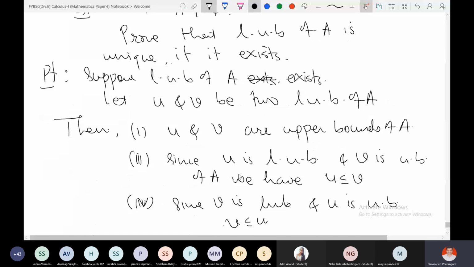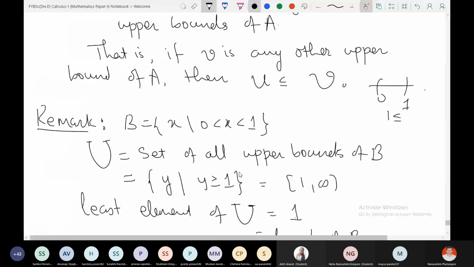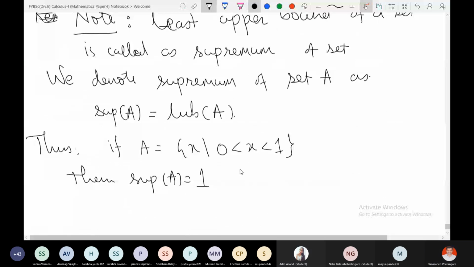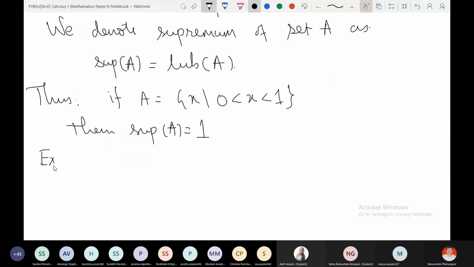So any confusion in this definition? No, sir. Very good. The supremum is 1. So if my set is equal to 1, 2, 3, 4, 5, then what is the supremum of this set? 5.